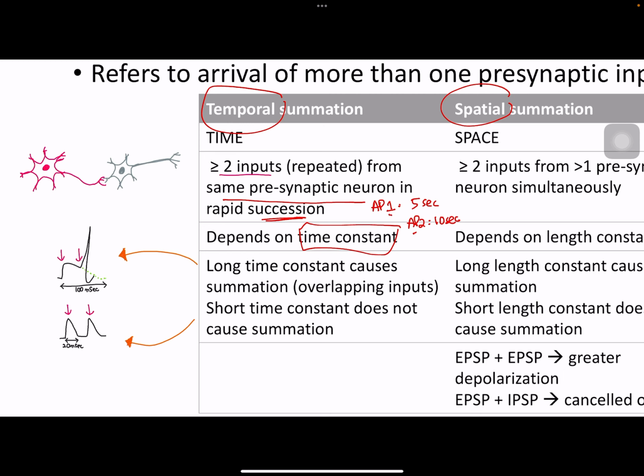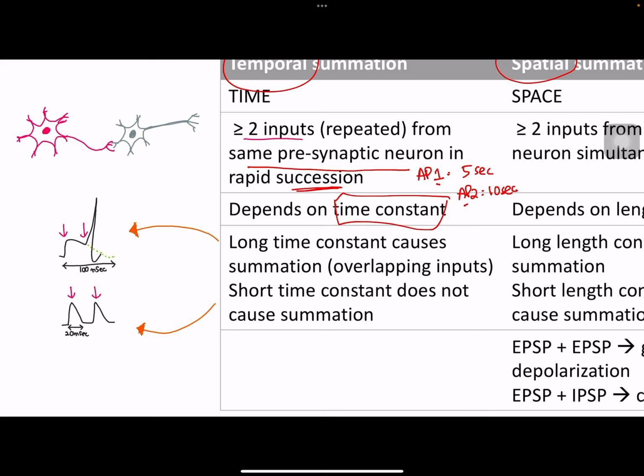Okay, let's have a look here. If this action potential has a longer time constant, and suddenly midway before it dies out, the second action potential arrives, what happens is that they will summate on each other. They will be overlapping, and therefore it may produce a higher membrane potential, and it can produce an action potential.